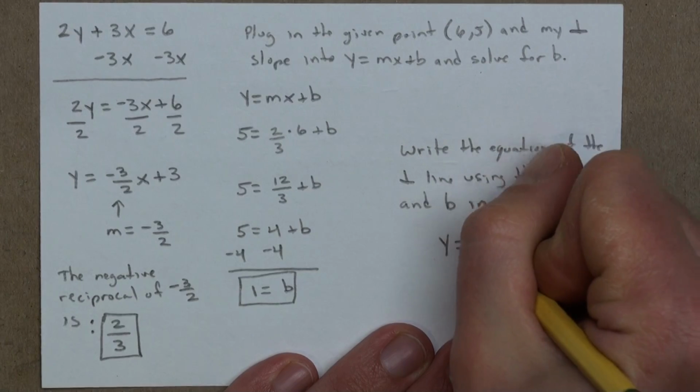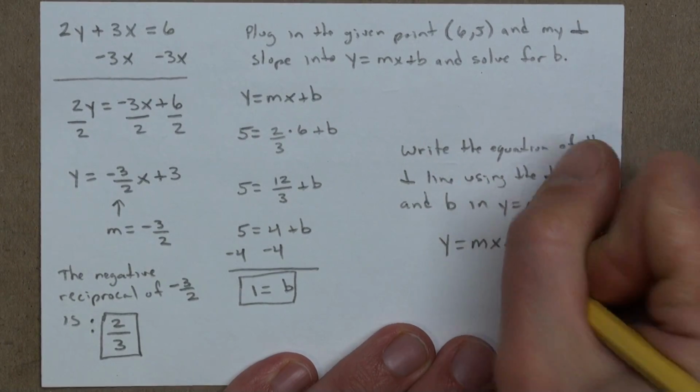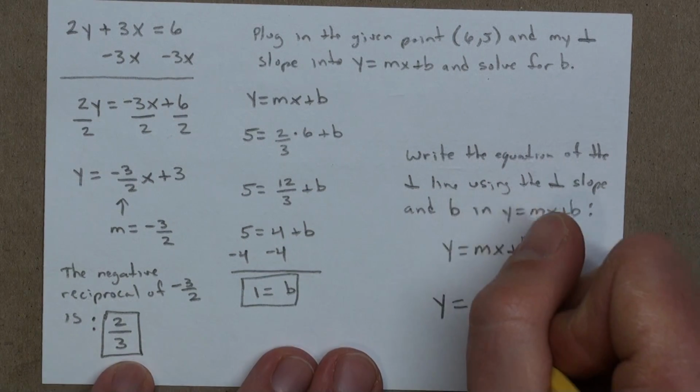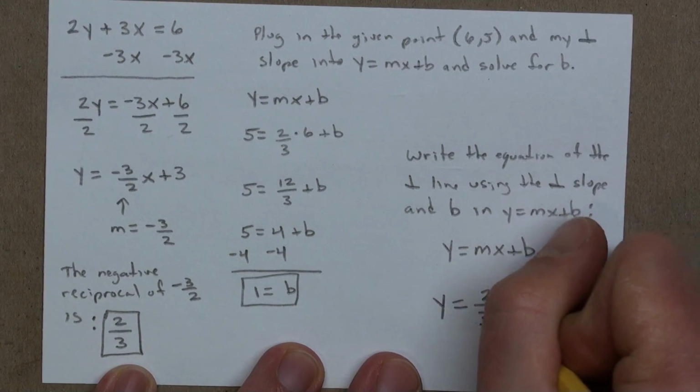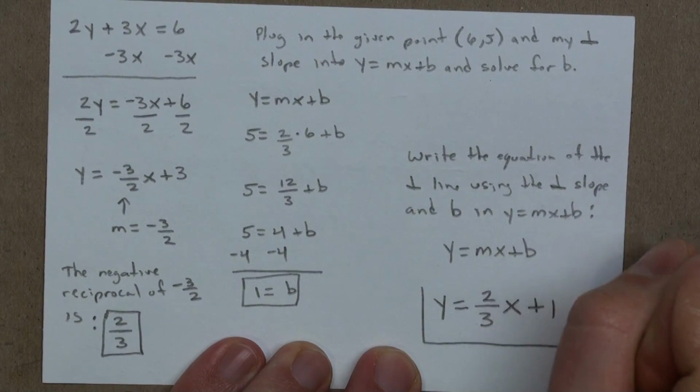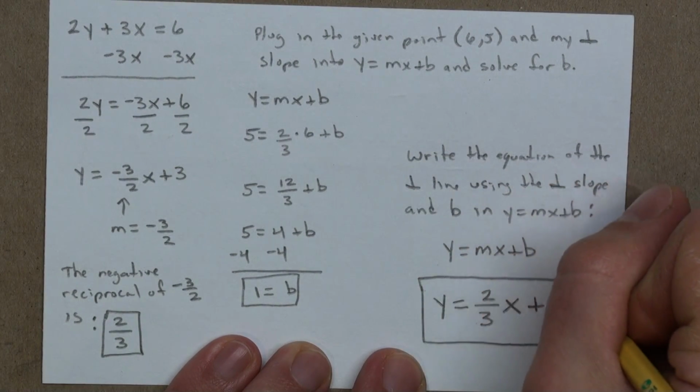So y equals mx plus b. Finally, y equals, my m is 2/3, 2/3 x plus 1, where 1 is my b. Okay?